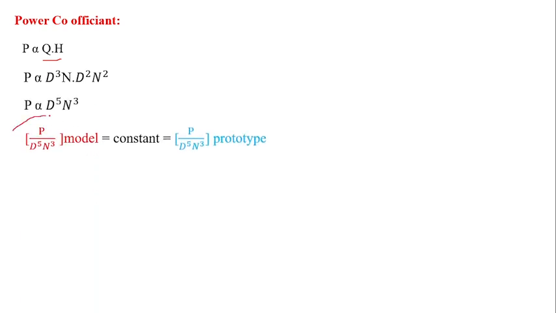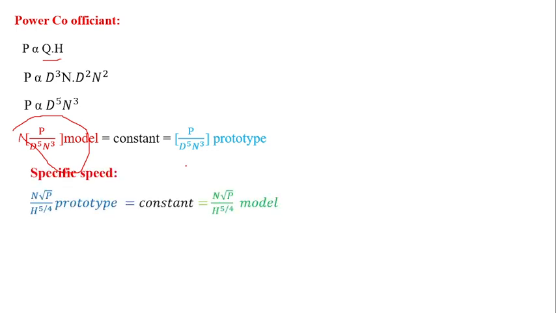So we compare prototype and model: P by d power 5 n cube for model, constant P by d power 5 n cube. Specific speed: n root P by H power 5 by 4 for prototype, n root P by H power 5 by 4 for model.